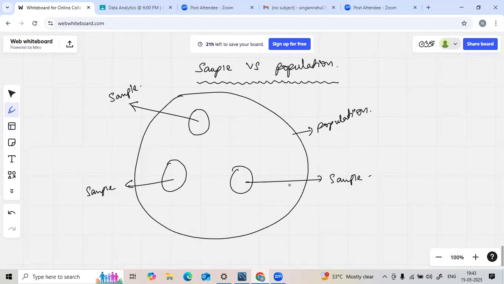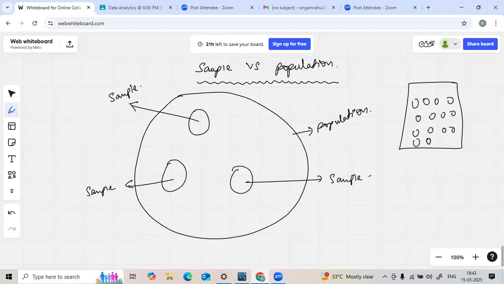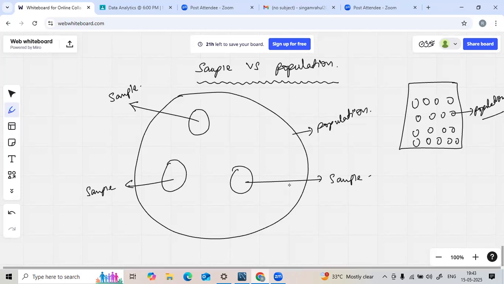See, assume it in a simple way. You have a bucket which consists of multiple balls. There's a bucket and you have multiple balls available in it, and you consider it as population. What is population? All the balls available inside the bucket.